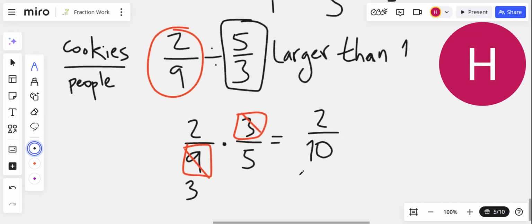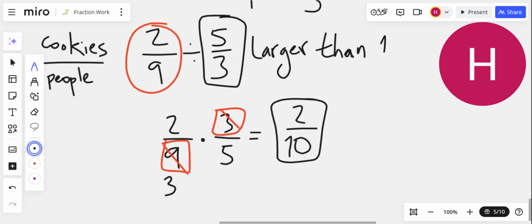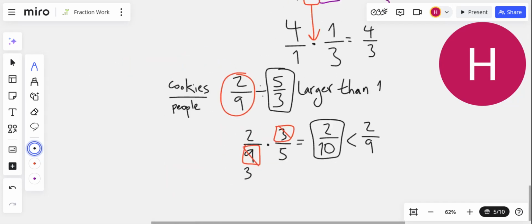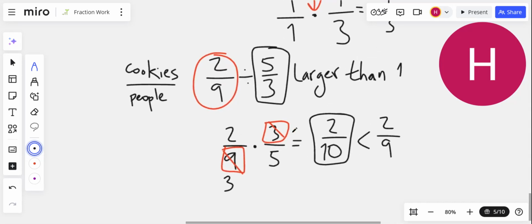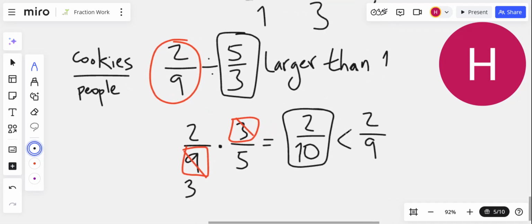But if we have 2 cookies and 10 people, each person's going to get less because we have the same amount of cookies, but more people to evenly distribute them to. So that's an example where you can use the cookies and people analogy to really clearly help you out in understanding not just how to work with fractions, but how to compare them as well, how to compare if one is more than the other. So that's one way to do it.